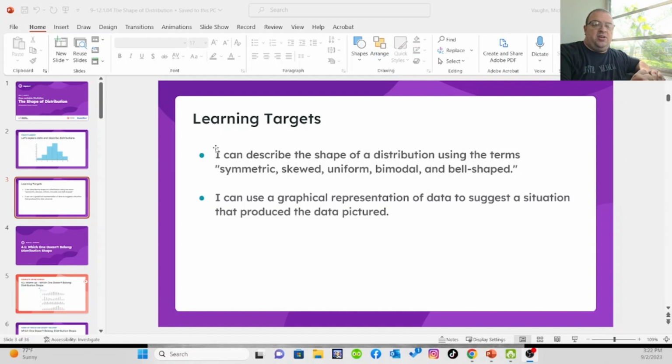Our second learning target is for you to be able to say that you can use a graphical representation, meaning a dot plot, a histogram, or a box plot, in order to suggest a situation that produced the data. So one of your activities is going to ask you to look at these dot plots and histograms and try to come up with a question that might have been asked that would give those kind of results.